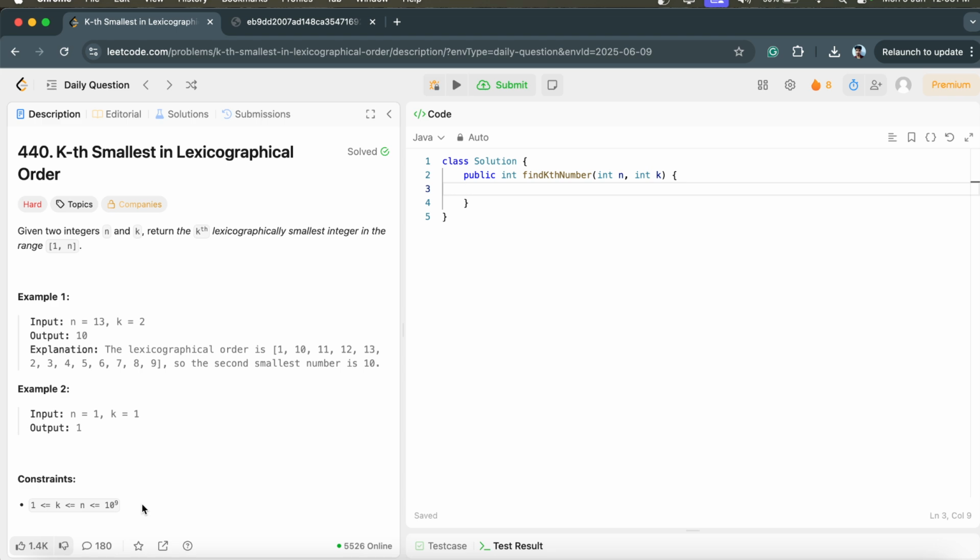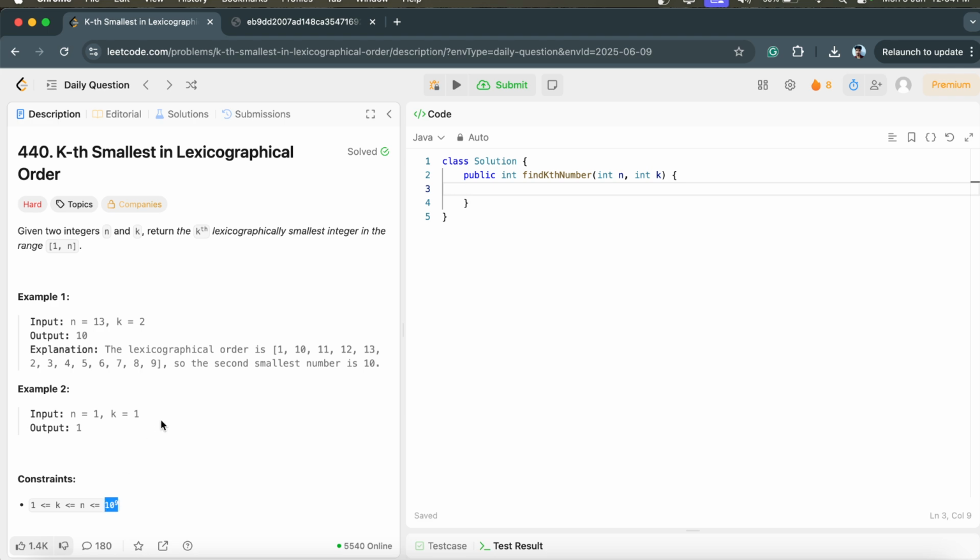But for any number beyond 10 to the power of 6, we have to think in such a way that the solution takes constant time complexity, or we can consider log n time.